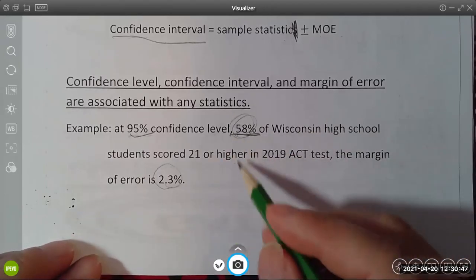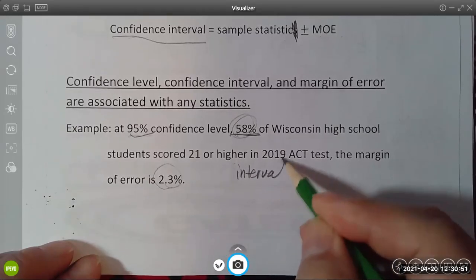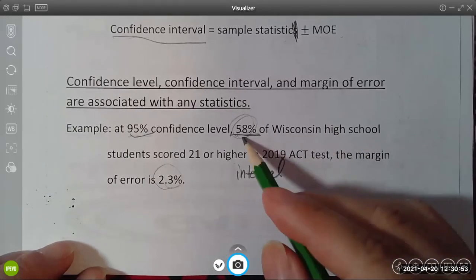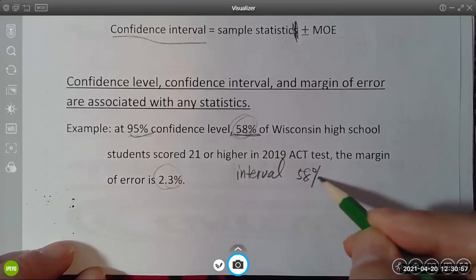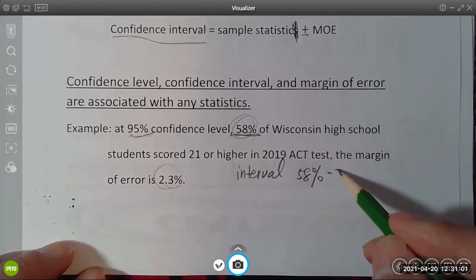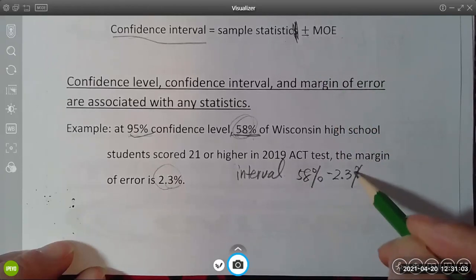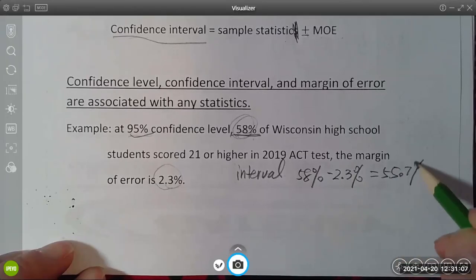Now let's calculate this confidence interval. This is how you do that. For the lower bound, use the statistic minus the margin of error, which is 2.3%. When I do that, I get 55.7%.